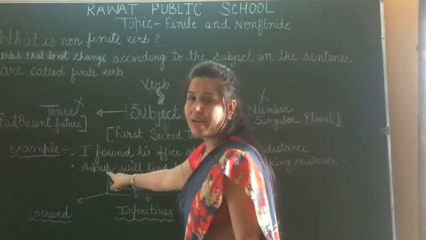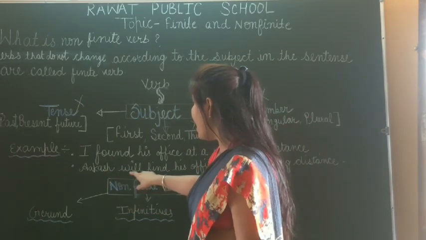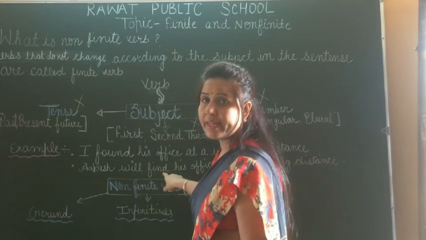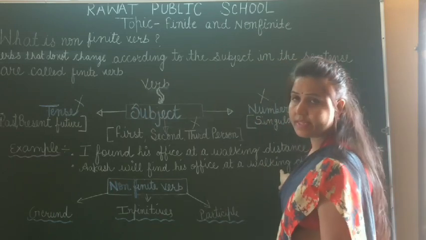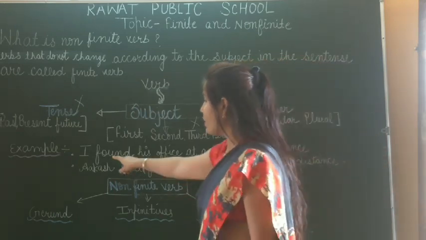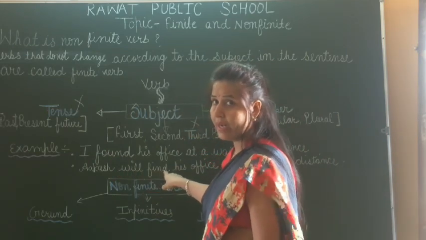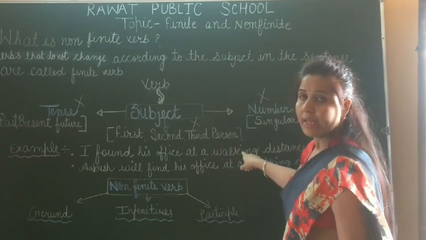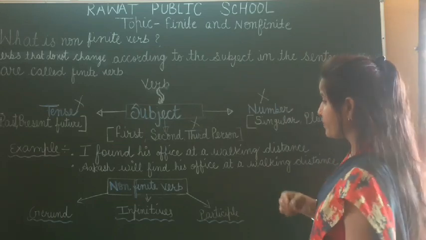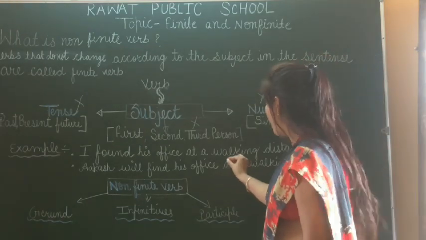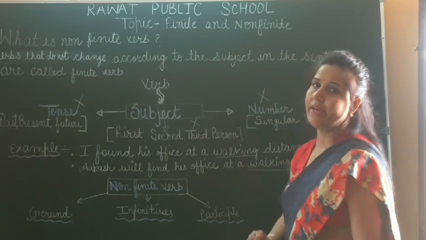Akash is a singular subject, will find is a future form, and walking is a verb. So the verb found changed to find, but the verb walking did not change in both cases. So here walking is a non-finite verb.